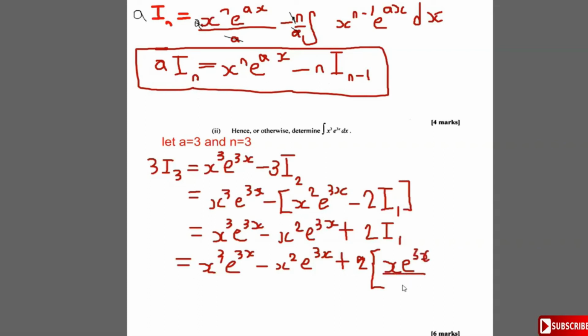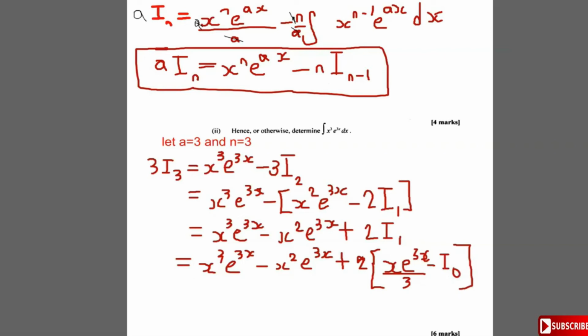You say, why is it divided by 3, sir? Again, a times I_n is this. So I have to divide through by a to get what is I_n. So it's divided by 3 minus n times, in this case, n is 1. So it's minus I_{1 minus 1}, which is just I naught. Nice and easy.